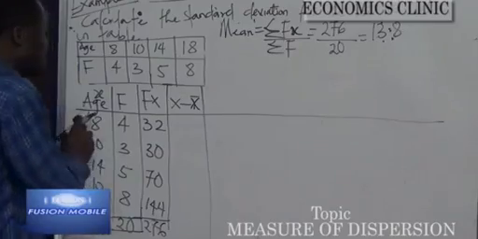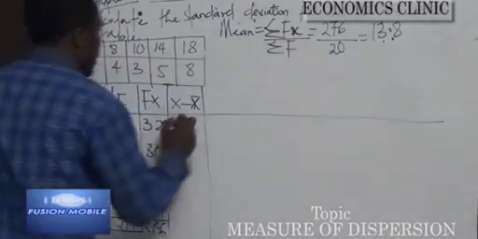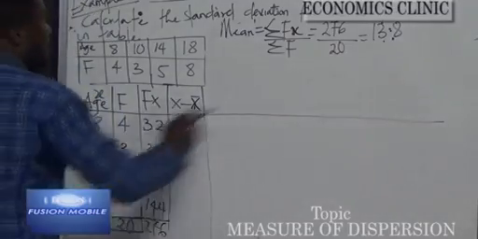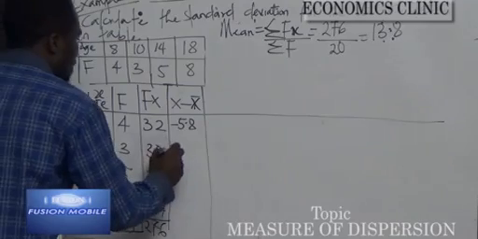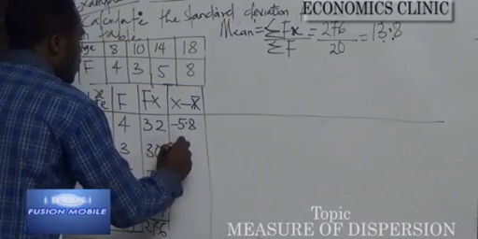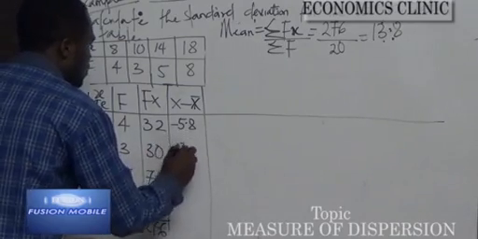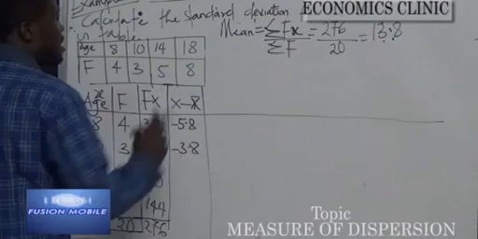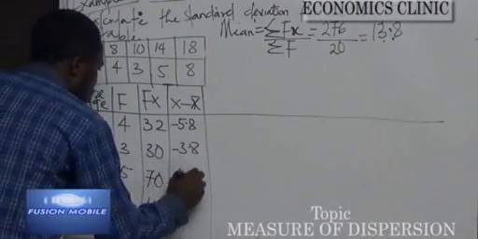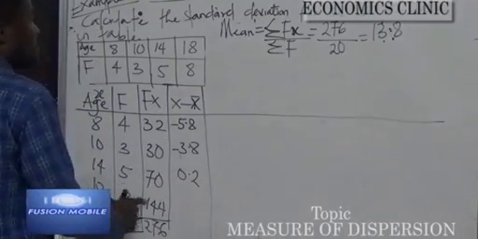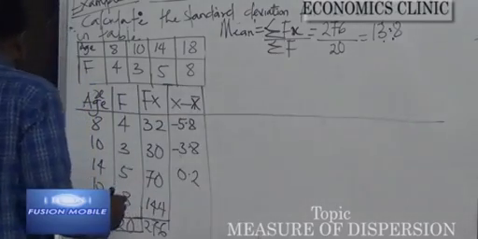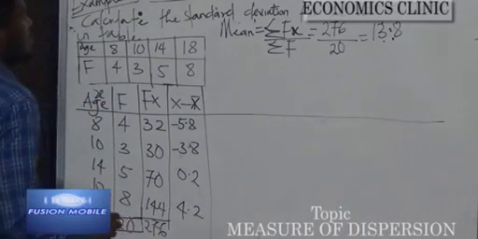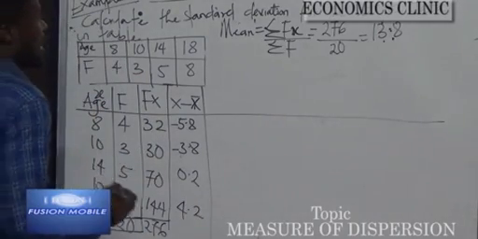We say 8 minus 13.8, that will give us minus 5.8. 10 minus 13.8 gives us minus 3.8, while 14 minus 13.8 gives us 0.2. 18 minus 13.8 gives us 4.2. The next thing here is to get the modulus.